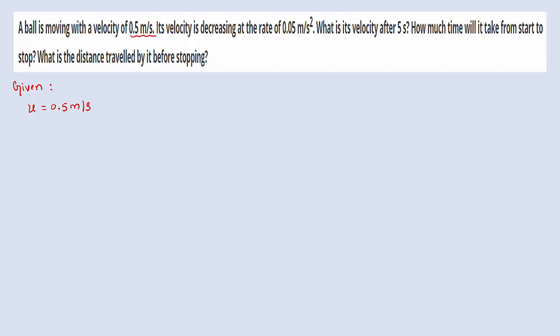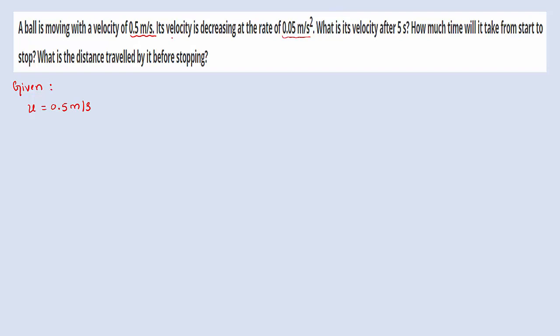Then its velocity is decreasing at the rate of 0.05 meter per second square. We know that meter per second square is the SI unit of acceleration. That means here initial velocity of the ball is given, and after that acceleration is given.